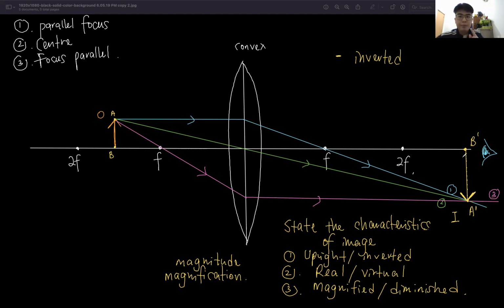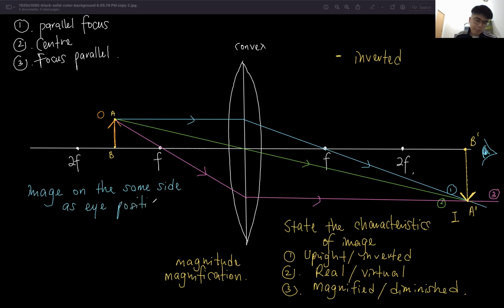Let me write this down: image on the same side as eye position. So if the image is on the same side as the eye position, that means it's opposite to the object, right? Then that is a real image.